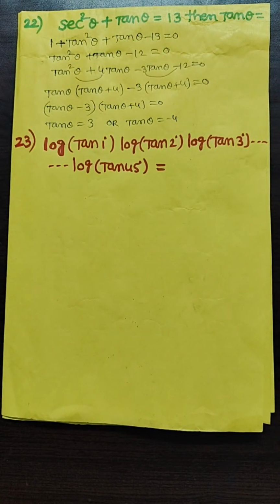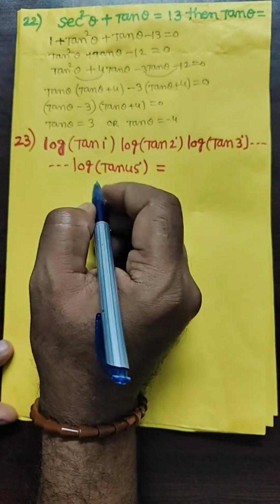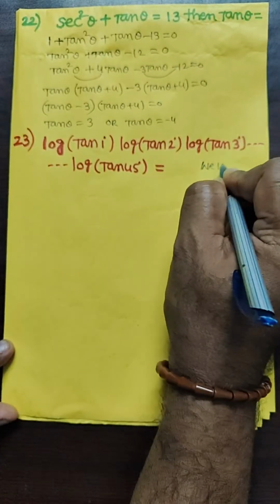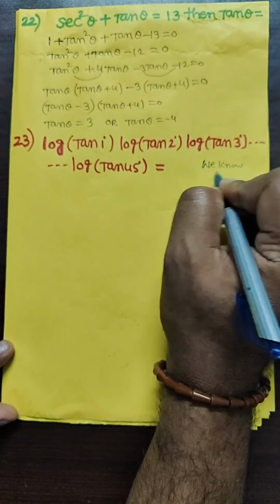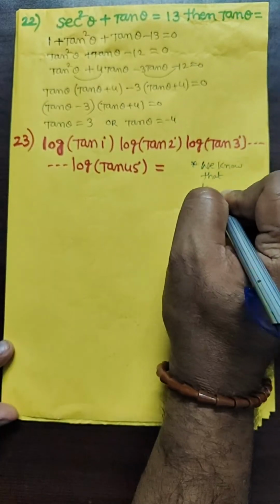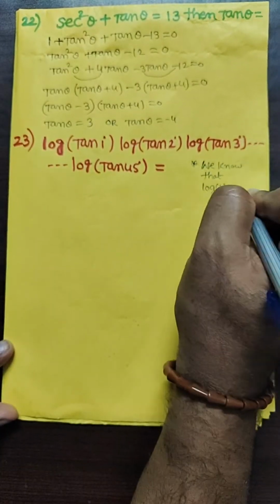See, this is also easy. We know that logarithm of 1 is equal to 0.